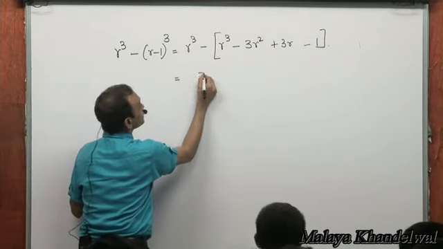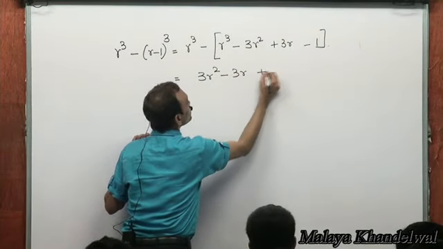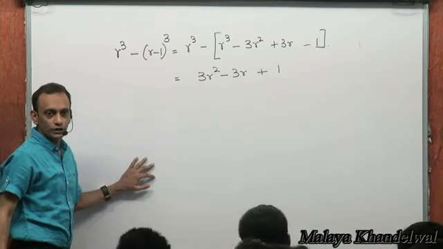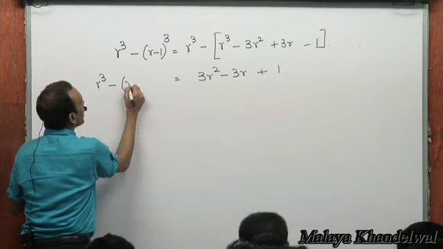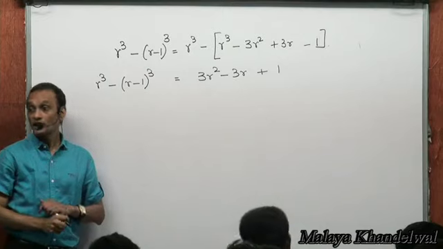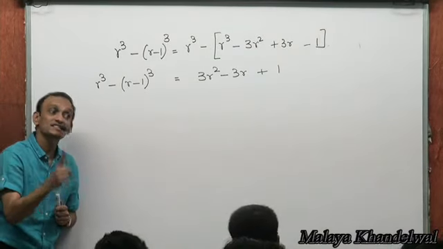This is like 3r squared minus 3r plus 1. Yes or no? Is this true or not? Right? So r cubed minus (r minus 1) whole cubed is equal to this. Is it an equation or an identity? It's an identity.